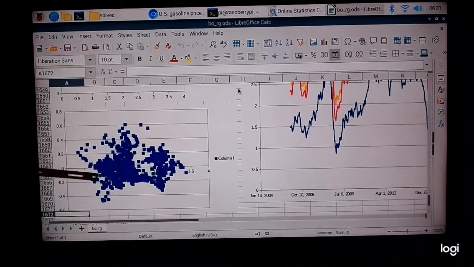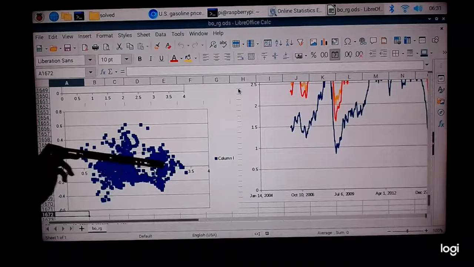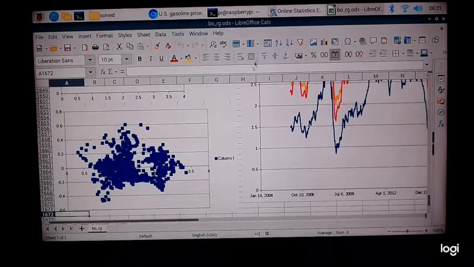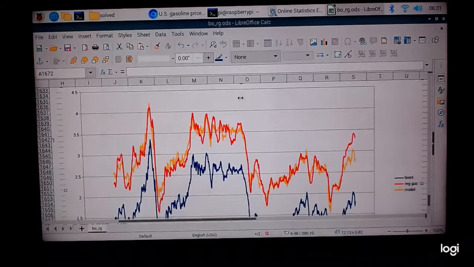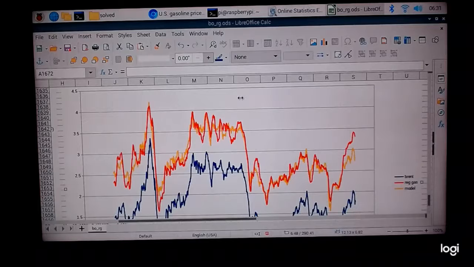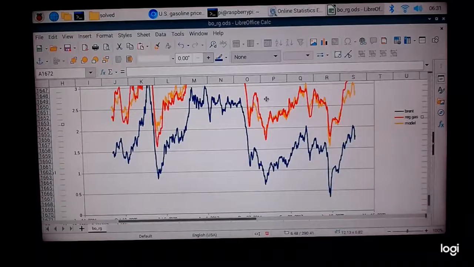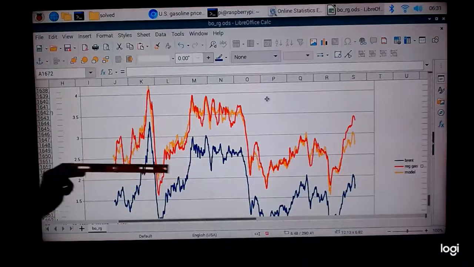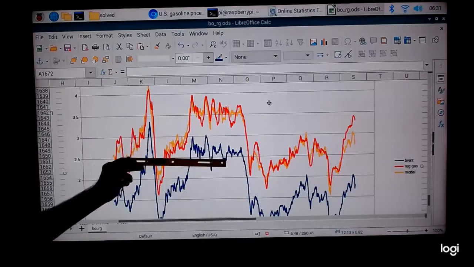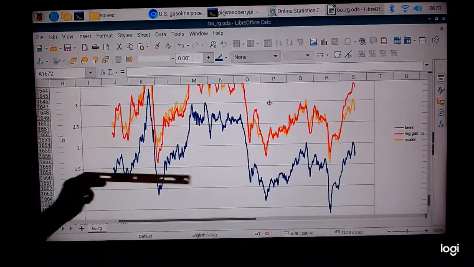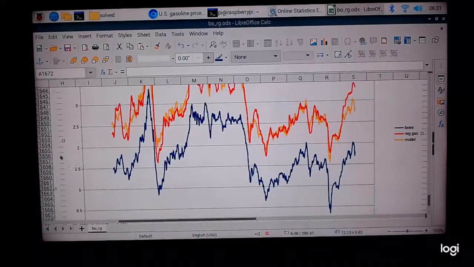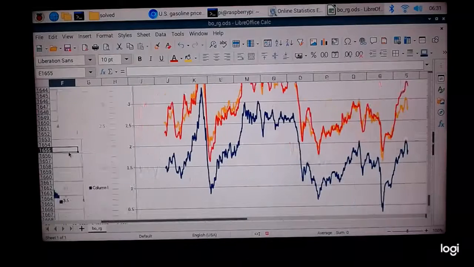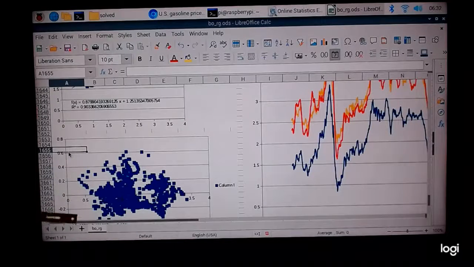A cluster around $1.50 and in between $2.50 and $3. If we look at our graph over here, there's a cluster of prices for Brent there, 2.5, and in between around 1.5, there's a cluster. So those are those clusters that I'm seeing right here.